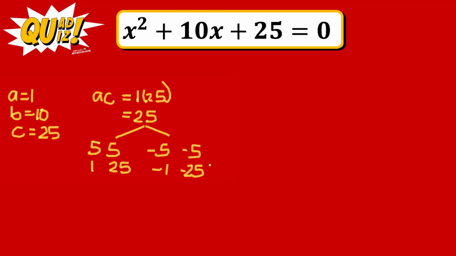The thing here is, if we are going to add these pairs to their corresponding pair, will there be a pair that will result to 10? The answer is yes, and that is this pair here. By looking at this and by deciding that there's already a pair that will satisfy both AC and the coefficient B, this is actually factorable. And with that, we are going to use the factoring method.